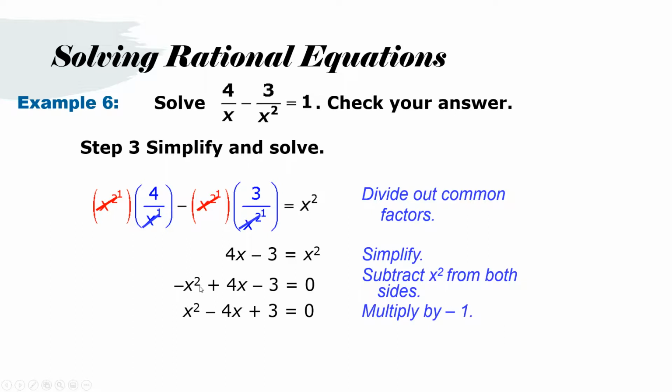So x squared plus 4x minus 3 equals 0 is just the same as x squared minus 4x plus 3. So we just multiply this portion by negative 1. Negative times negative is positive. Positive times negative is negative. And negative times negative equals positive.